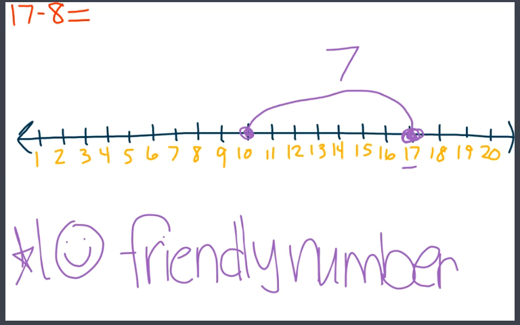And 7 spaces total from 17 to 10. I'm going to write a 7 right there. How many do I need to go total? 8. So I need to go one more, just like that, from the 10 to the 9. Let me show my thinking. 7 and 1, that makes 8, and I've landed on the number 9. 17 minus 8 equals 9.